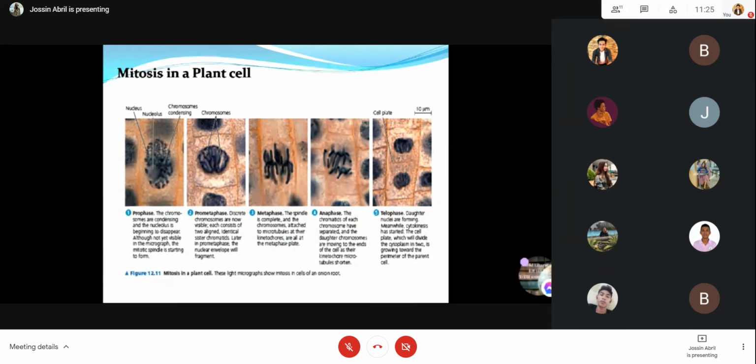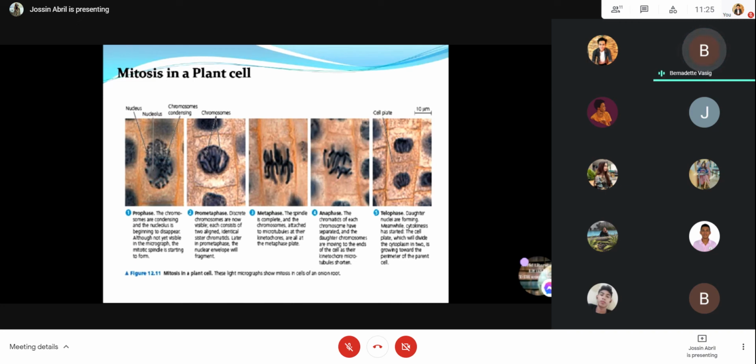Maybe to keep the two daughter nuclei separated. That is why they form a cell plate between the two daughter cells.